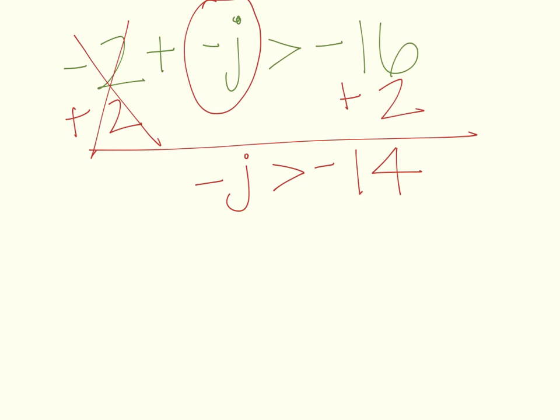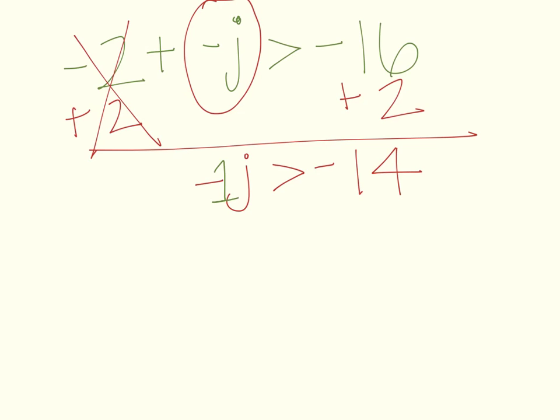Now I want to get rid of this negative on the j. In front of every letter, there's an invisible number, and that number is 1. So -1 is being multiplied to j. What is the opposite of multiplying by -1?